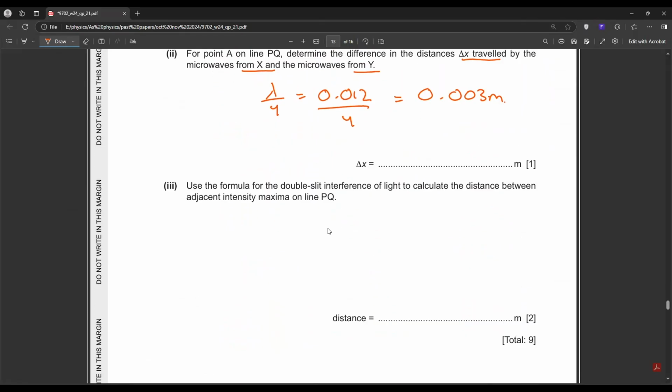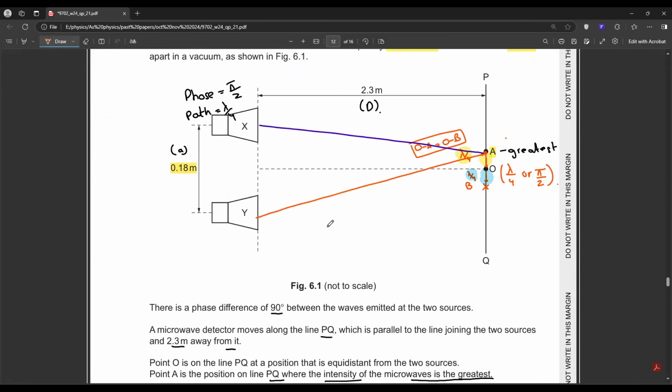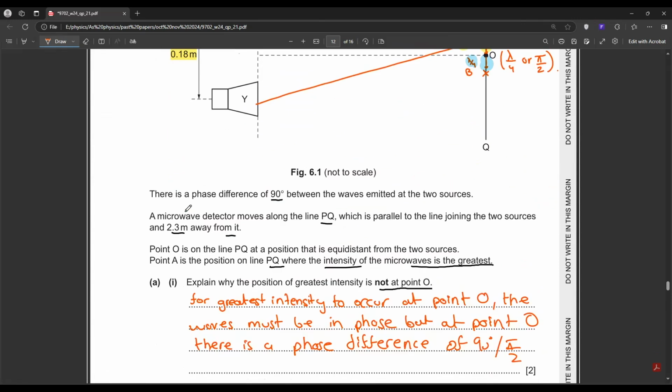Use the formula for Young's double slit interference of light to calculate the distance between the adjacent maxima on line PQ. What do we have to calculate? Fringe separation. x is equal to lambda d over a. Do you know lambda? Yes, 0.012. Do you know d? d was given 2.3. a is 0.18.